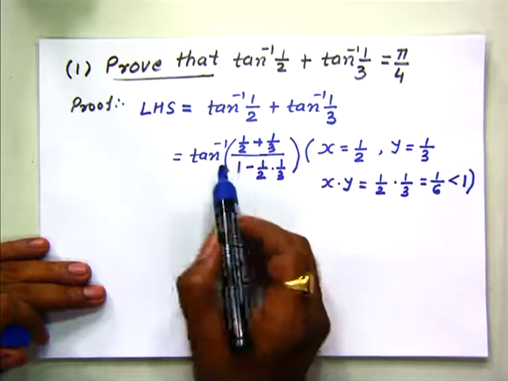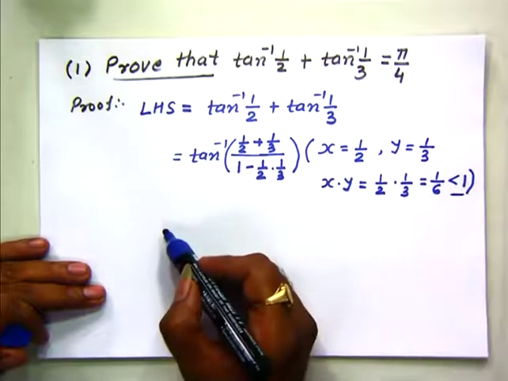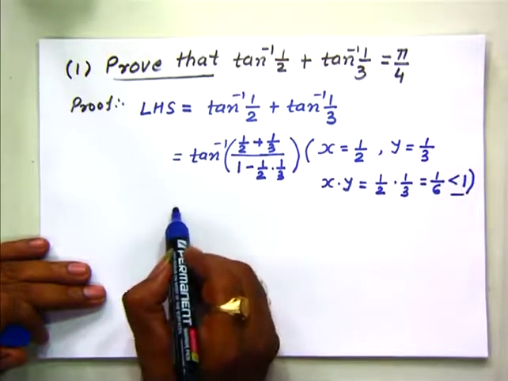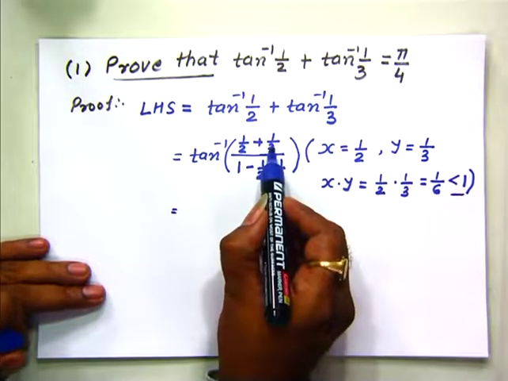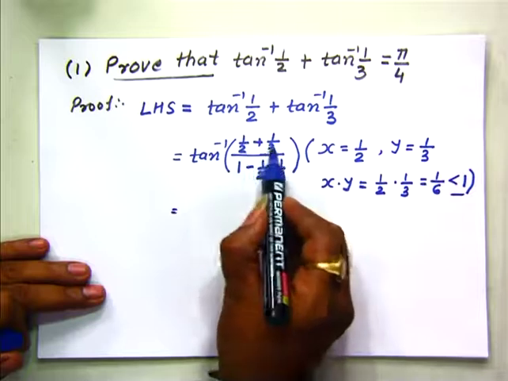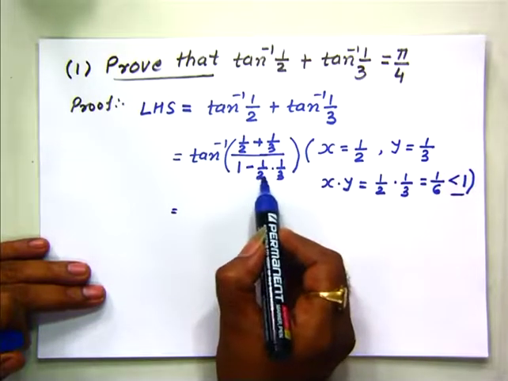Okay, because x into y is less than 1. Now see here, this is 1 by 2 plus 1 by 3. So we have to take LCM. LCM is 2 into 3 is 6, and here also LCM is 2 into 3 is 6.